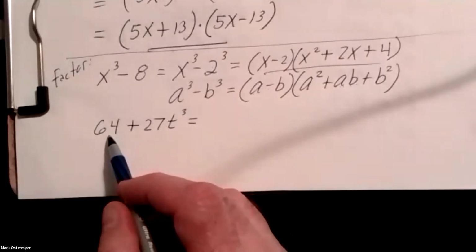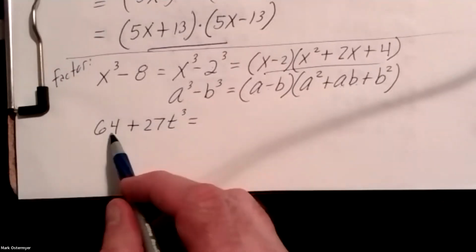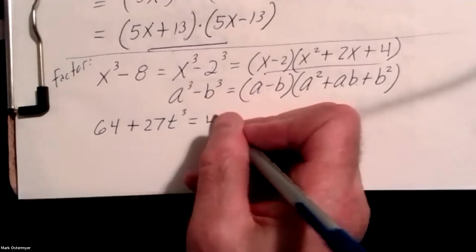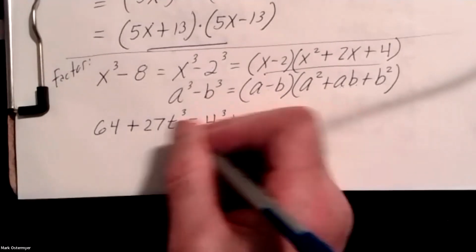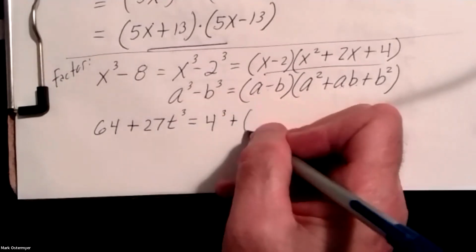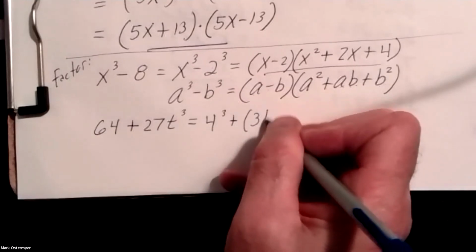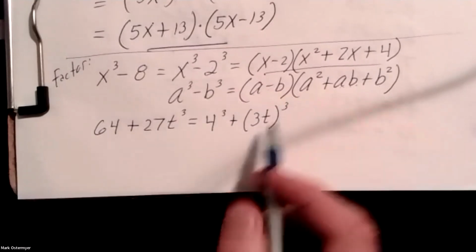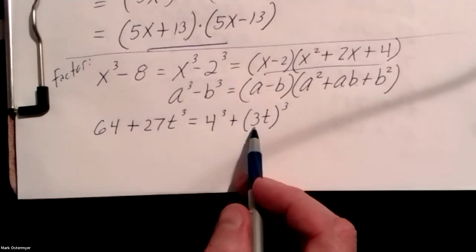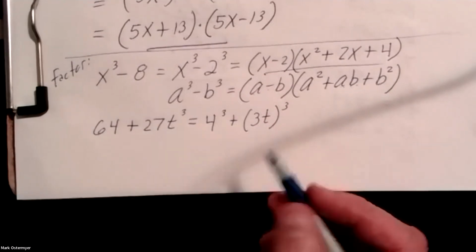After a little thought, you'll realize hopefully that it is a sum of perfect cubes, 64 being 4 times 4 times 4, or 4 cubed. 27t cubed being rewritable as 3t cubed. 3t times 3t is 9t squared. 9t squared times 3t is 27t cubed.